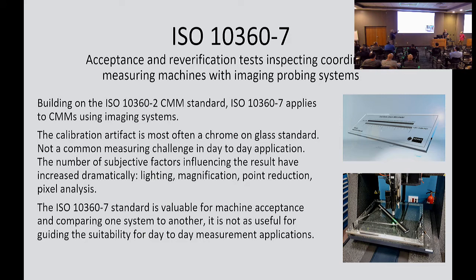So this is a good standard, but because of subjective things in a vision system, magnification, edge finding, lighting, all these kinds of things add up to make things a little more subjective and a little harder to say, hey, it's good for 1/10 on my CMM, maybe not so much on a vision system.